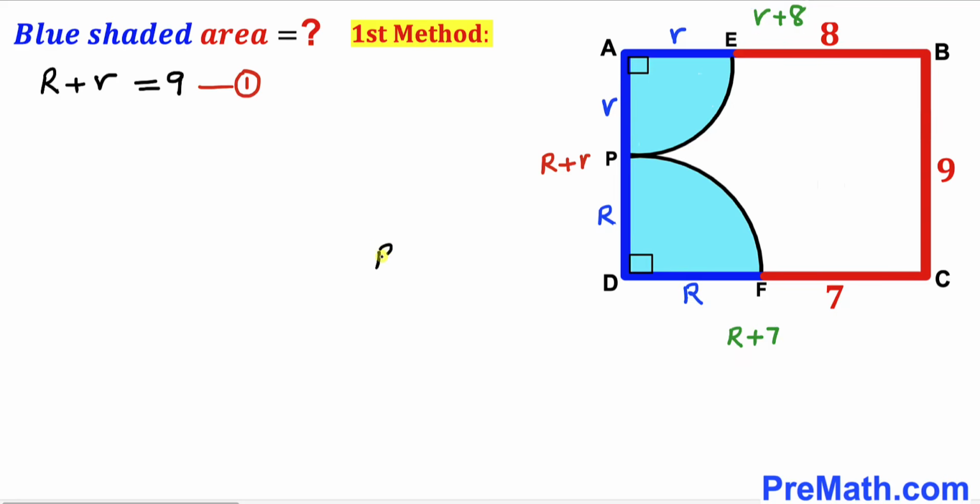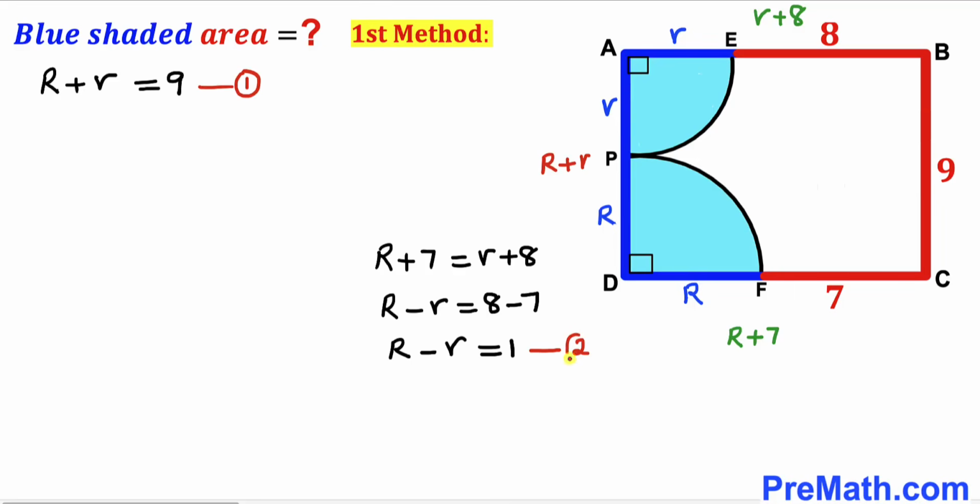I can write uppercase R plus 7 equals lowercase r plus 8. Now I'm going to move this lowercase r to the left hand side, and at the very same time move this 7 in the opposite direction. Or simply I can write uppercase R minus lowercase r equals 1. And I'm going to label this as our equation number 2.